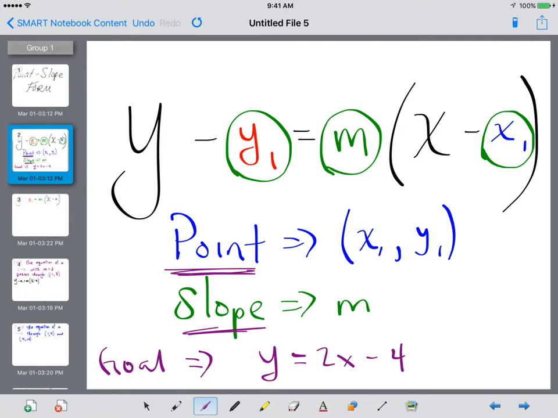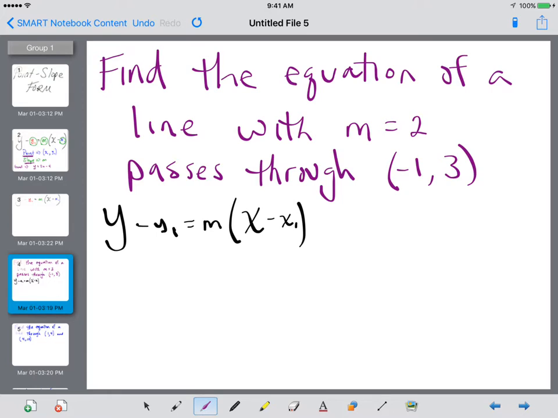So for example, let's take a look at this problem. It says find the equation of a line with m equal to 2. Remember, m is another word for slope. So slope is 2, and it passes through the point -1, 3. And remember, the x value always comes first, the y value comes second.